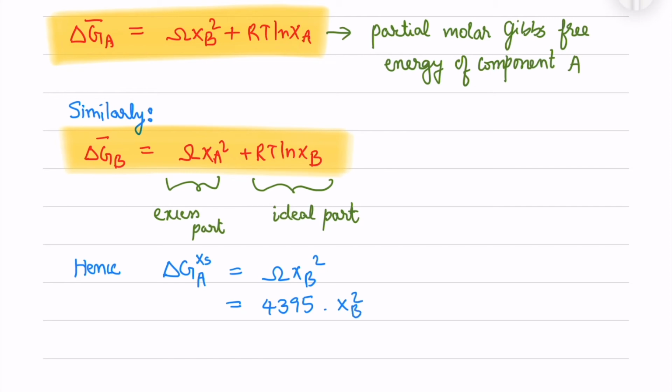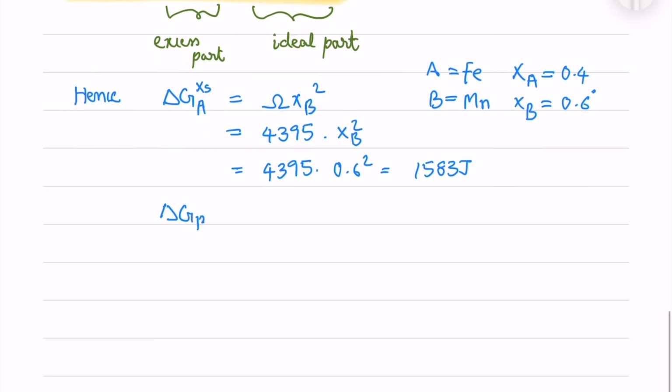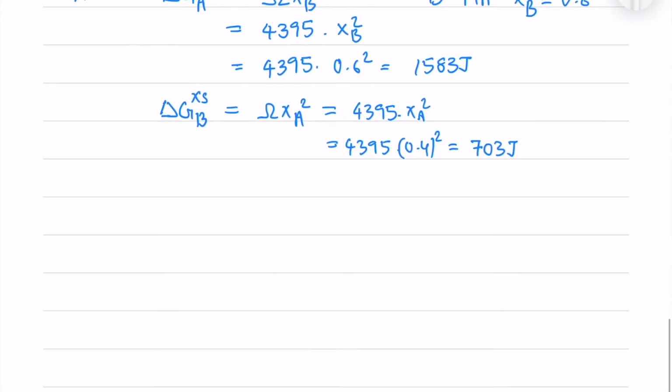The A component is iron and the B component is manganese, and given the mole fractions of each component, after multiplying we get the delta GA excess and delta GB excess in terms of joules. Now for the C part we need to find the delta G mix.